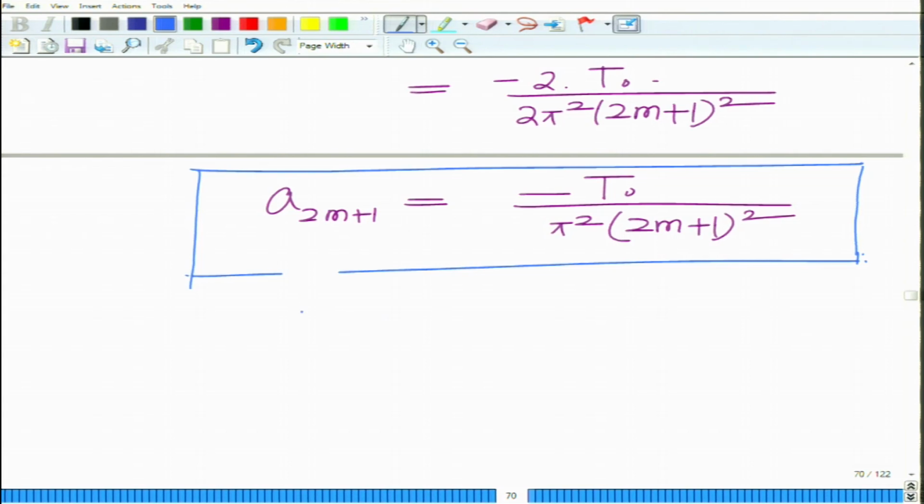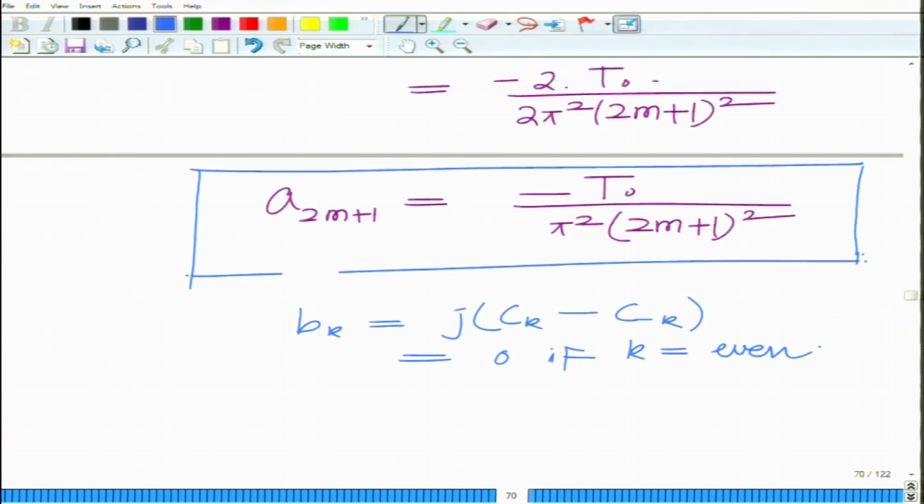And similarly now coming to b k, b k equals j times C k minus C minus k equals 0 if k is even, because if k is even, then C k and C minus k are both 0. So, b k is 0.